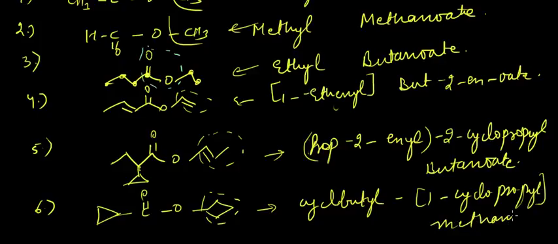Why? Because the cyclopropyl group ring is attached to this carbon atom. Okay, so in the next lecture I'll be taking up some more examples on the nomenclature of esters, and we'll be seeing amide nomenclature as well. Okay, so till then, good luck.